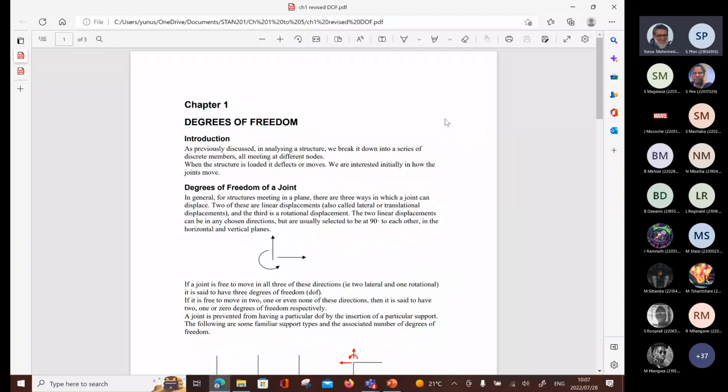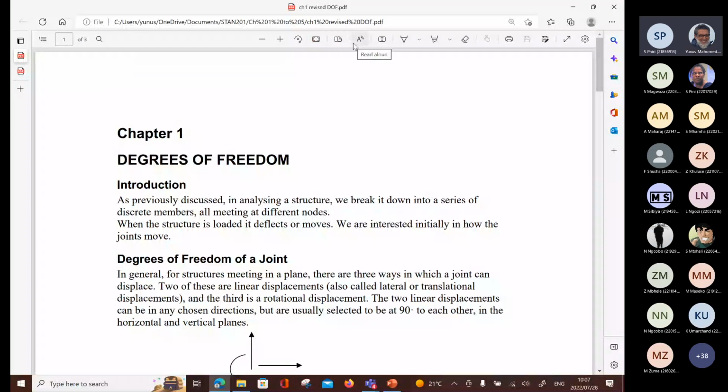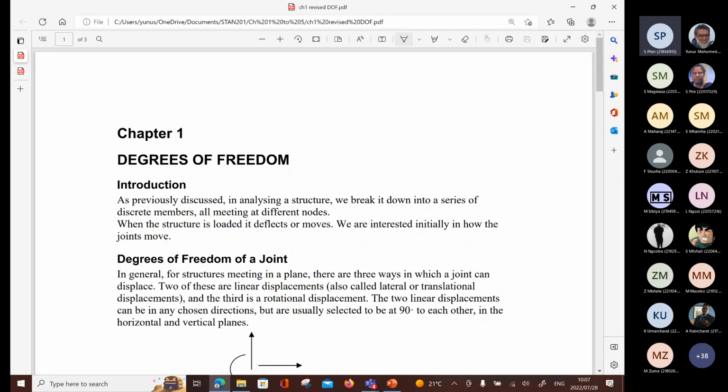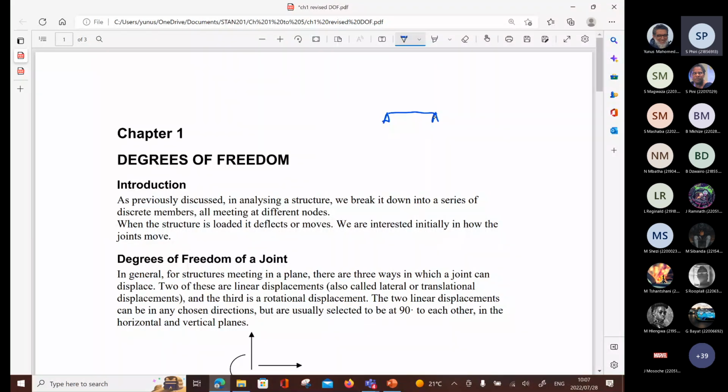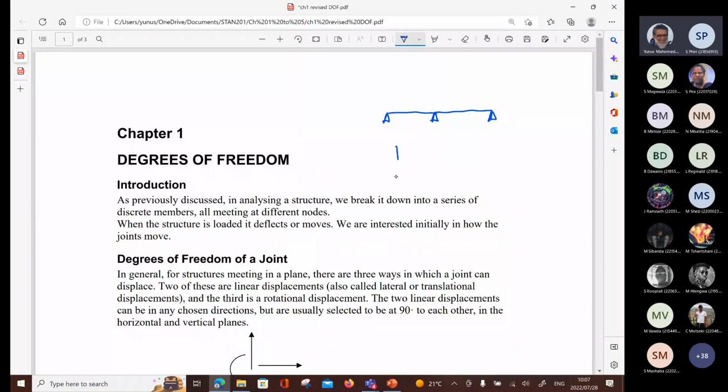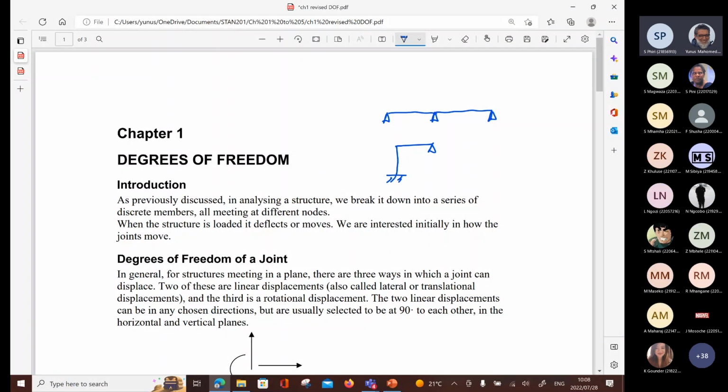For example, you would probably have been asked, if you have a beam like this, is it determinate or indeterminate? If you had a frame like this, can you categorize it as determinate or indeterminate?